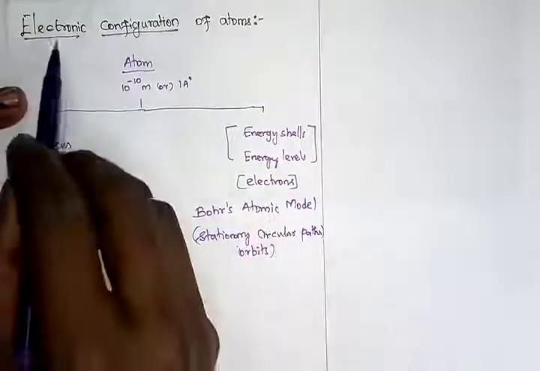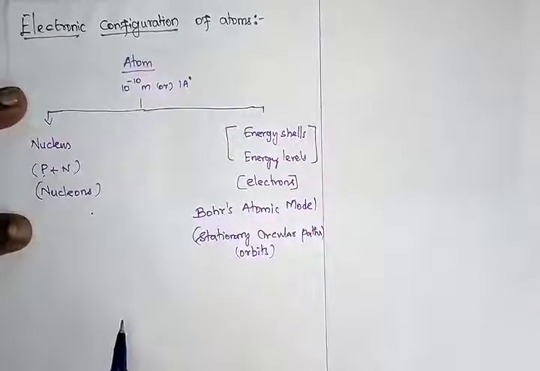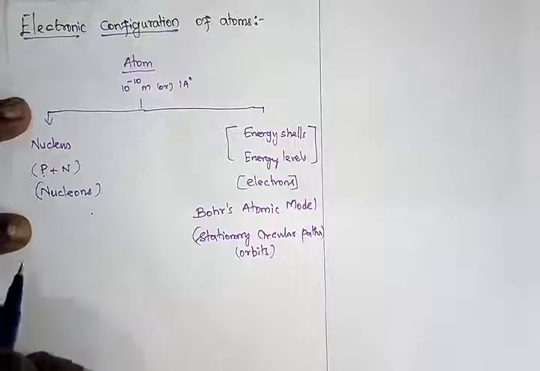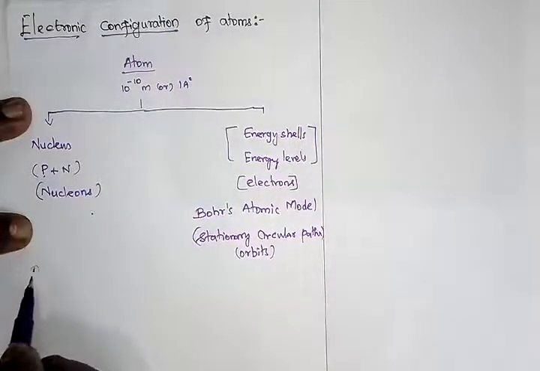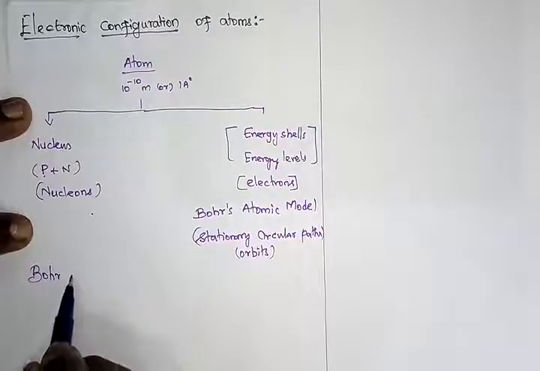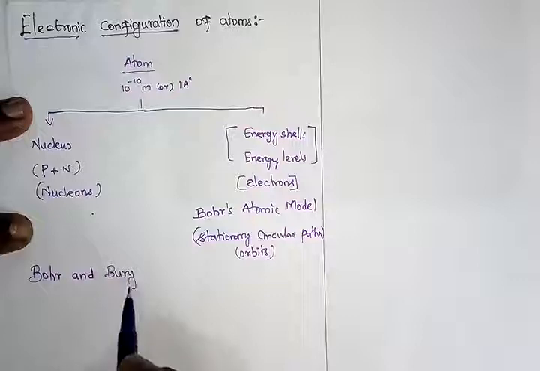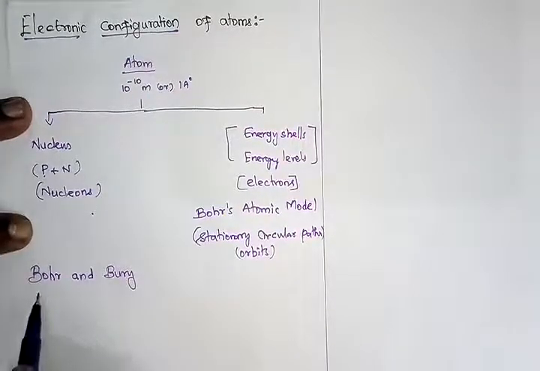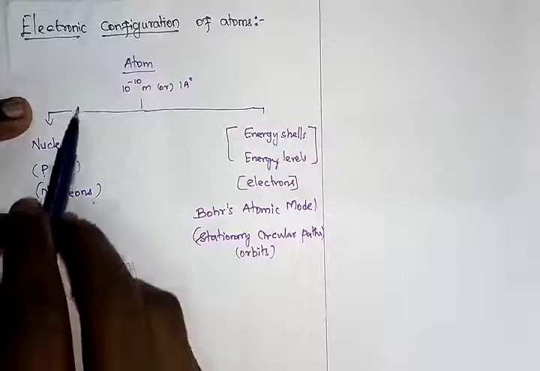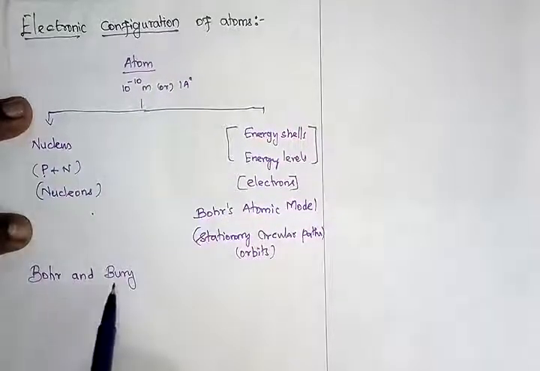The electronic configuration of atoms was mainly derived by Bohr and Bury, these two scientists. That is the reason the electronic configuration of an atom was given by Bohr and Bury.